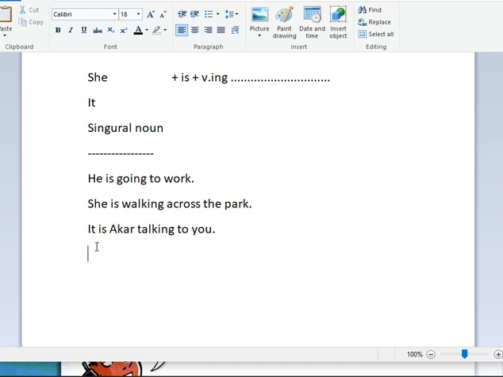For a singular noun, for example, you write Karwan. Karwan is talking. Let me just change this one. Karwan is playing. Playing what? For example, anything that you like, football.